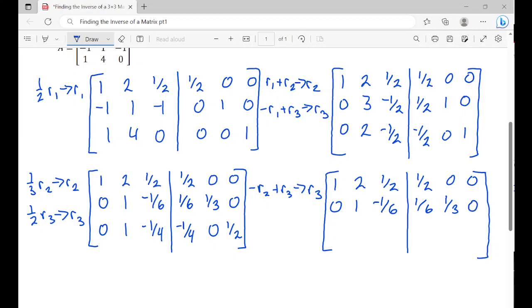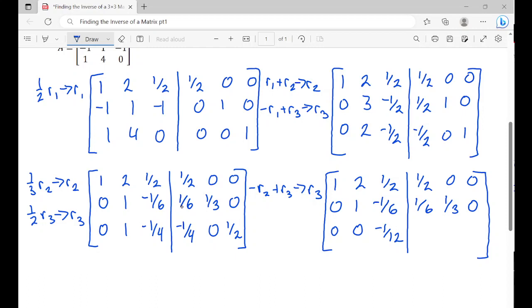And now I'm going to do 0 plus 0, which is 0. Negative 1 plus 1 is 0. Negative 1/6 plus 1/6... rather, a positive 1/6 and a negative 1/4 is a negative 1/12.